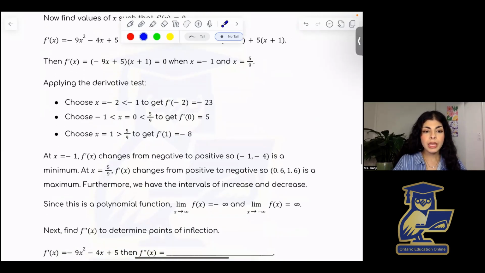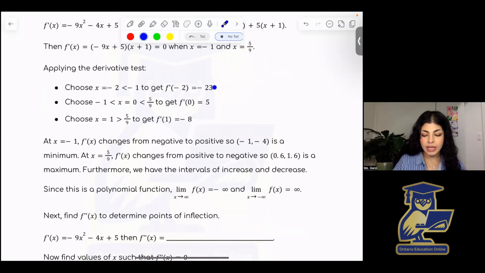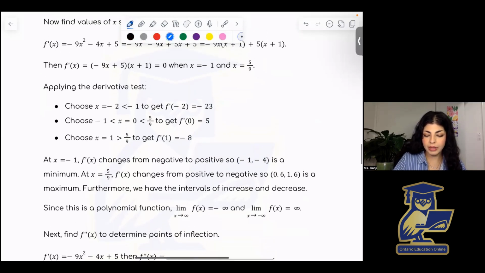So because the derivative here is negative, we have decreasing, increasing, and decreasing. And because we change from decreasing to increasing here, the derivative changes from negative to positive, then the point is (-1, -4), which is just the point I'm finding from here.